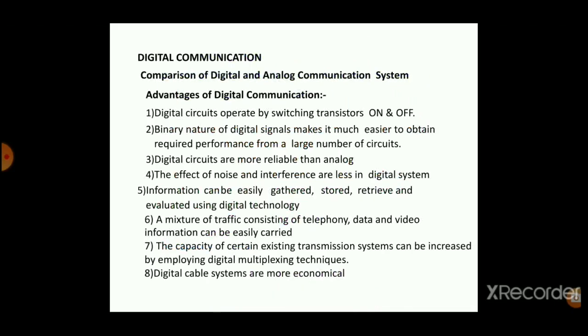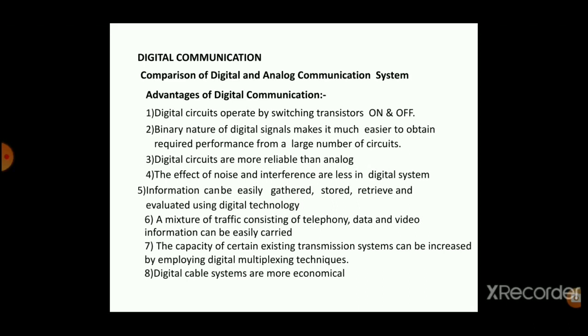First one, digital communication. Comparison of digital and analog communication system. Advantages of digital communication. First, digital circuits operate by switching transistors on and off. Second, the nature of digital signals makes it much easier to obtain required performance from a large number of circuits.